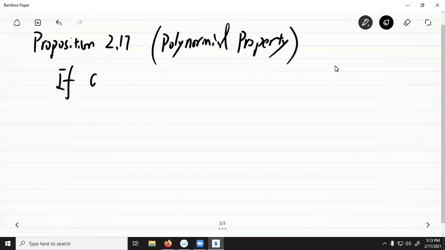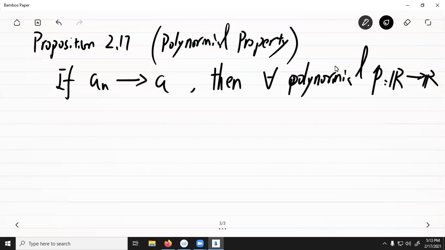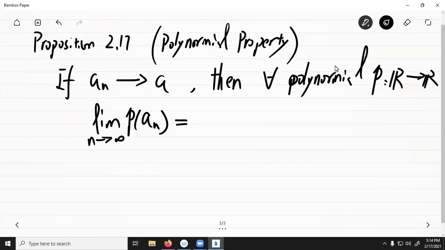We say if a_n is a sequence convergent to a, then for any polynomial p from R to R, we will not consider anything in the complex domain, if you take the limit as n approaches infinity of p(a_n), then you can pass the limit inside, so it becomes p(a).